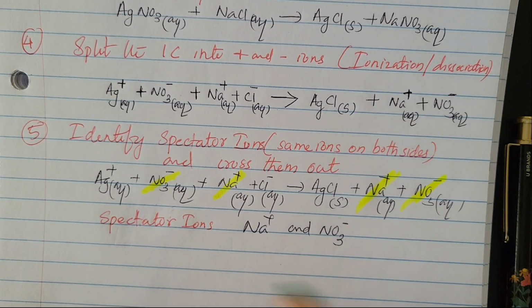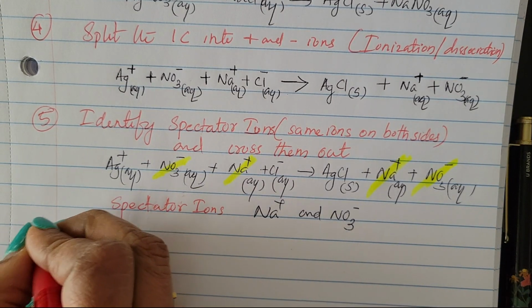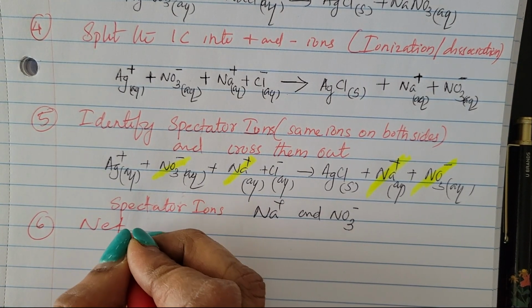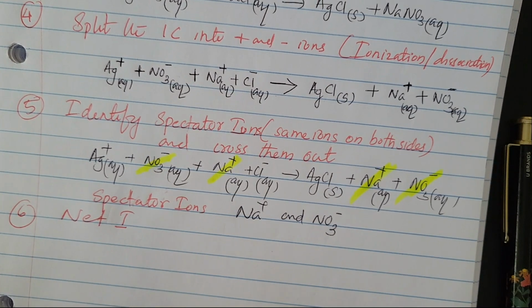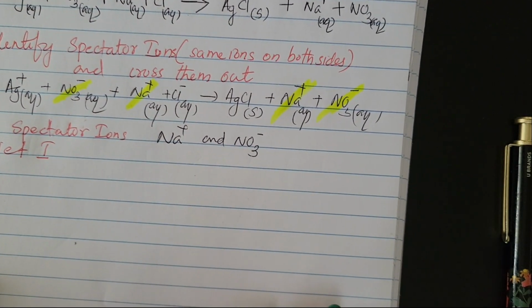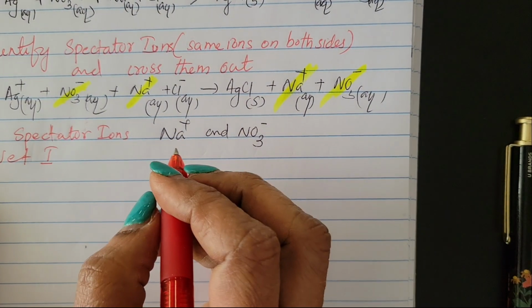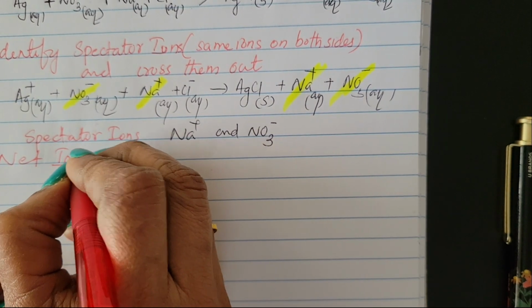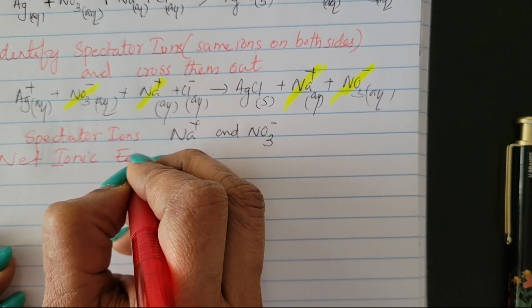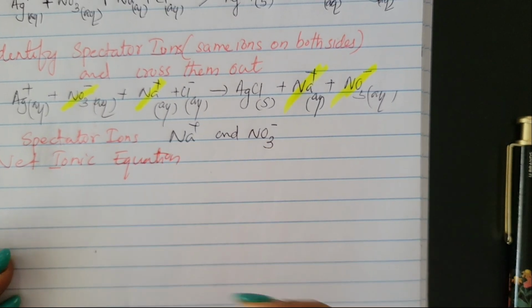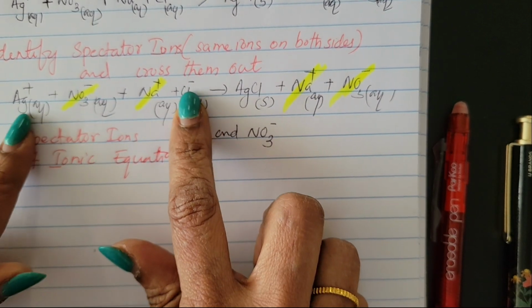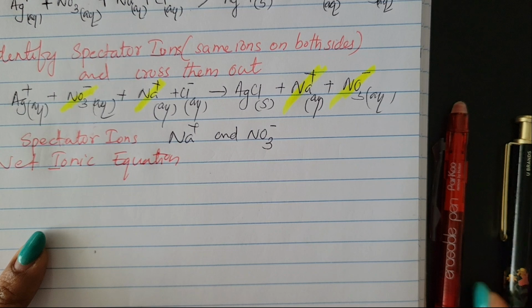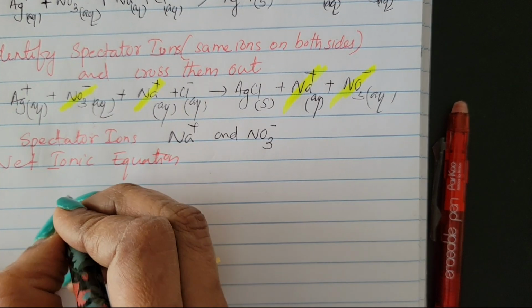Now we need the net ionic equation. Net ionic equation. What is left over there? Bring them down. I will always prefer to write positive first.